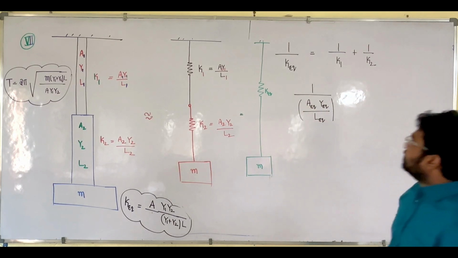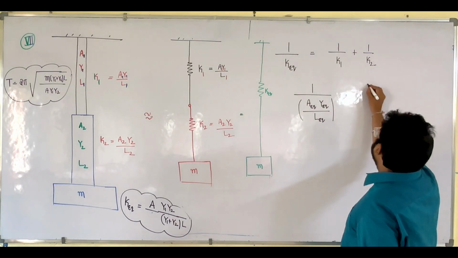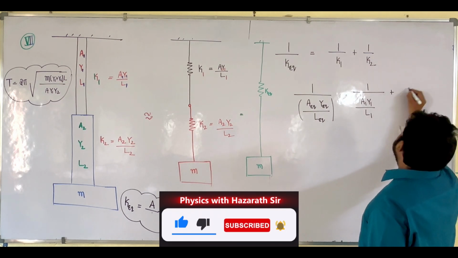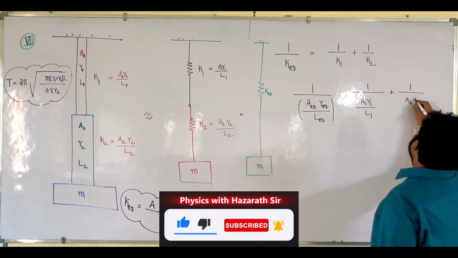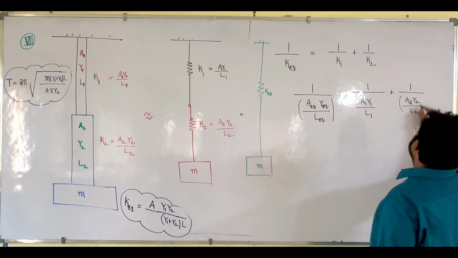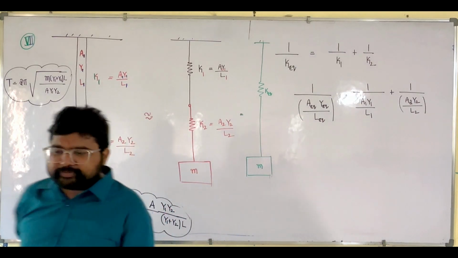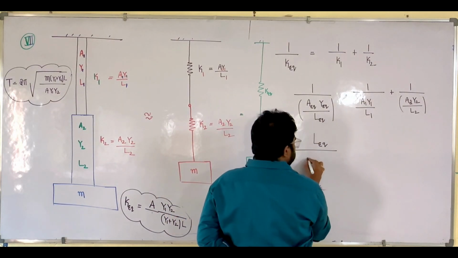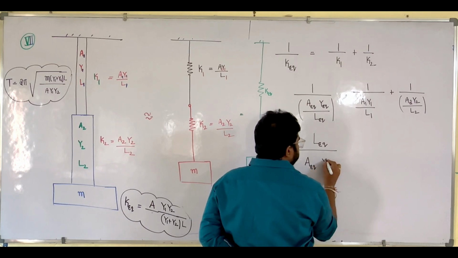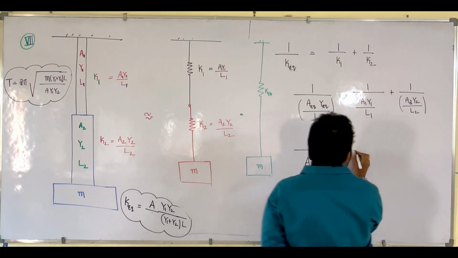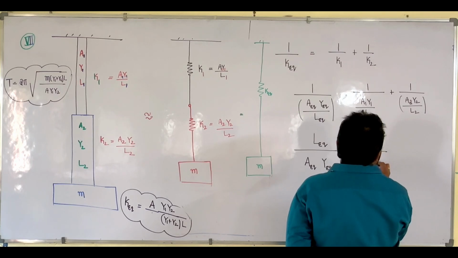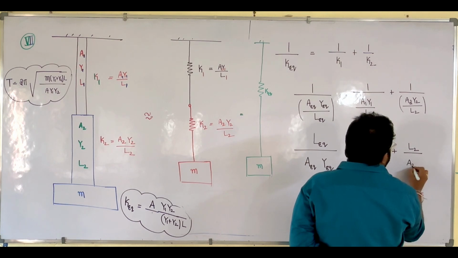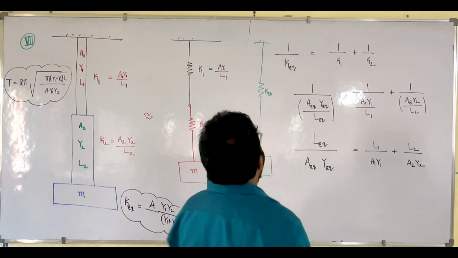Understood? Okay, now that is equivalent to 1 by A1 Y1 by L1 plus 1 by A2 Y2 by L2. L equivalent by A equivalent into Y equivalent equals L1 by A1 Y1 plus L2 by A2 Y2.